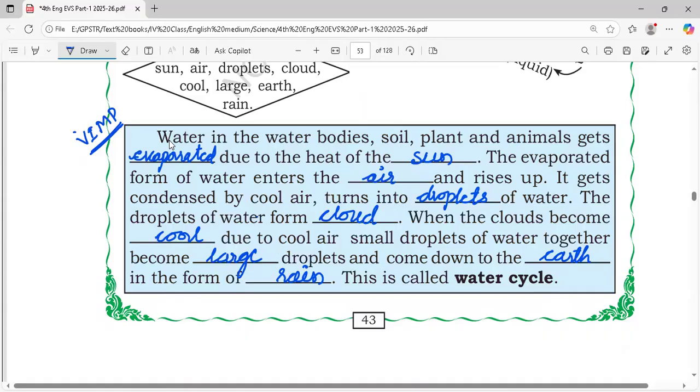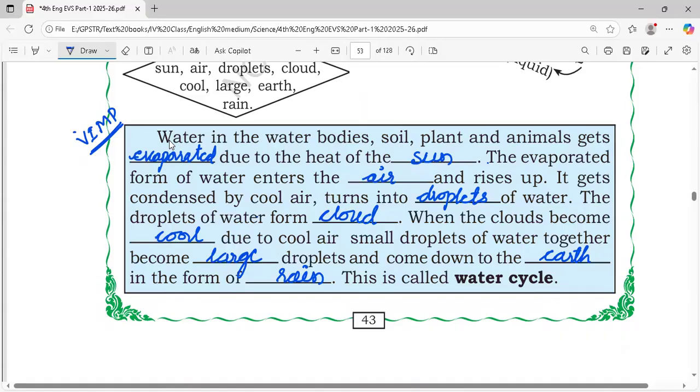Water in the water bodies, soil, plants and animals gets evaporated due to the heat of the sun. The evaporated form of water enters the air and rises up. It gets condensed by cool air, turns into droplets of water.